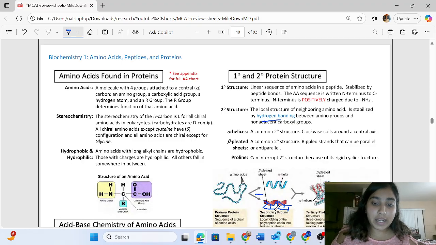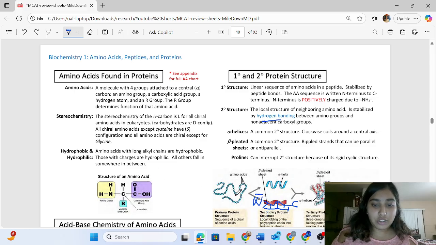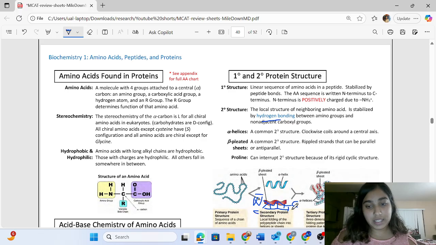This could be a parallel sequence: here you have N and it goes to C, and here it goes N to C. So this is called parallel beta sheets. And if you change this, if the first one goes from N to C and the second one goes C to N, right? So this is anti-parallel beta sheets.